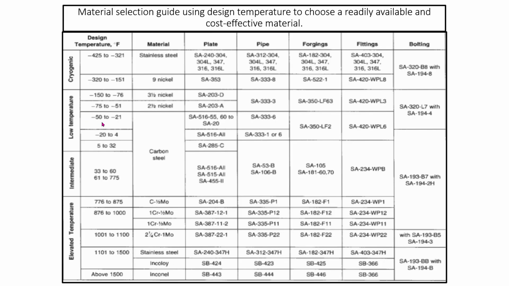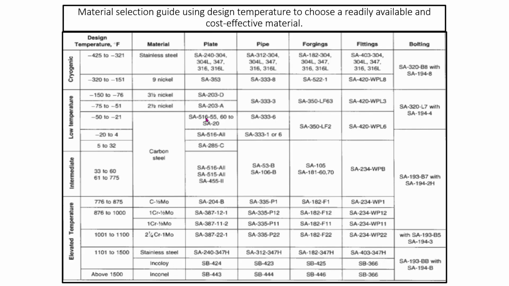Similarly, with further increase in temperature, minus 20 to minus 21, you can use carbon steel. Carbon steel can be used in the intermediate temperature range up to 775 degrees centigrade. Within this range, carbon steel can be used.